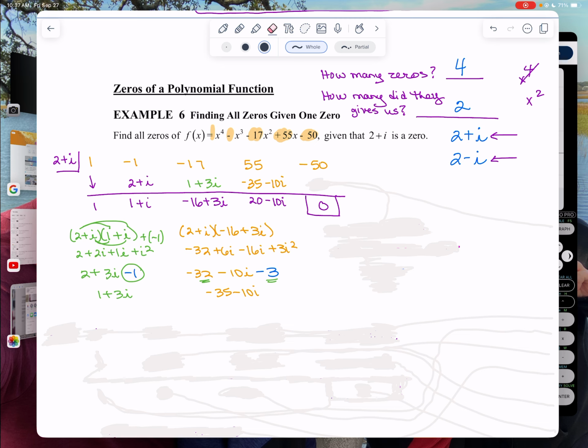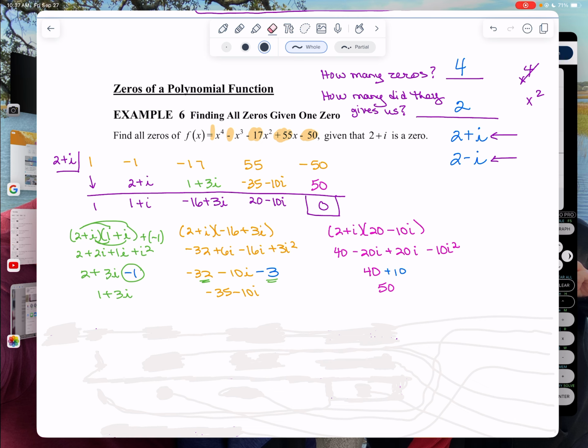And then my last step is to multiply what's on the shelf, 2 plus i, times what I just got, 20 minus 10i. And I'm hoping that I get what right here? I'm hoping I get a 50 there, so that a minus 50 plus 50 will cancel and I get a 0. So let's see if that's what happens when I multiply them.